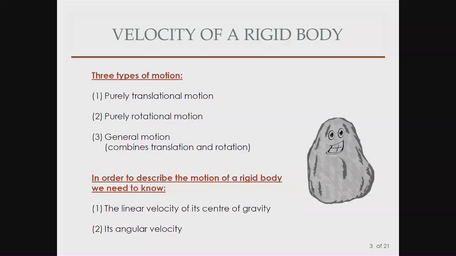All right. So for a rigid body, this is something that might be new to you if you are used to discussing just points moving. If I want to describe the motion of a rigid body, I may need to define two types of velocity. One is linear velocity.